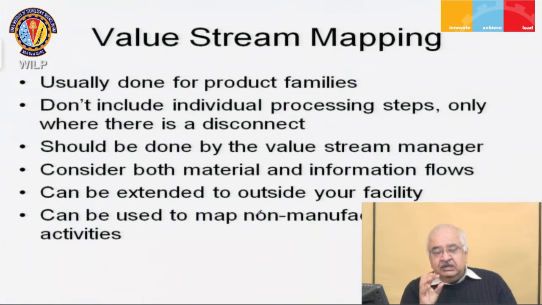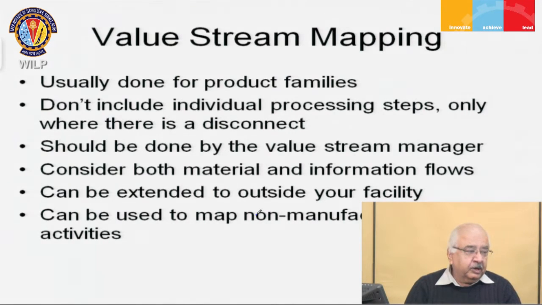Okay, so generally speaking, you tend to draw or chart a value stream map for product families rather than for individual products. You also do not want to include individual processing steps only where there is a disconnect.